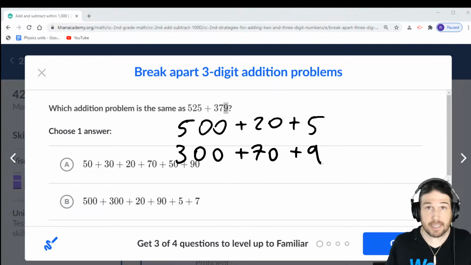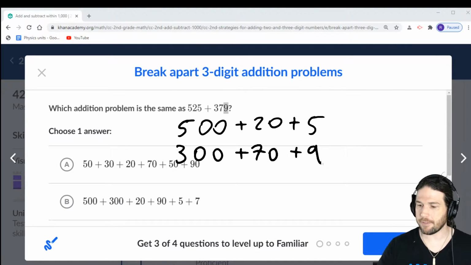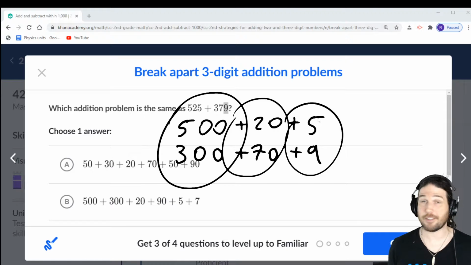Yeah? This isn't new. This is all stuff we've already done before. But all we have to do now is group it up. 500 and 300, 20 and 70, 5 and 9. And that tells me that C is the correct answer.